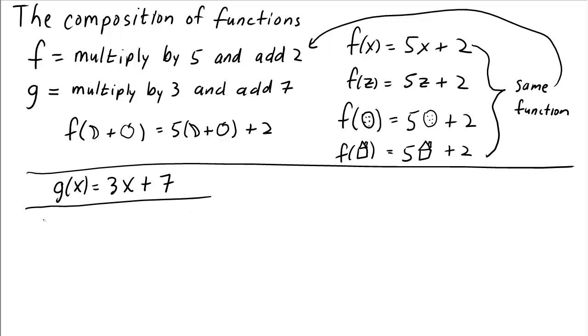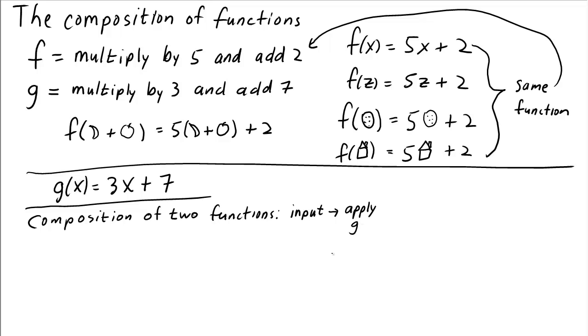A composition of two functions means you take your input, whether it be x or a potato or the number 3, apply your function. So let's say we apply g. In this case, that means we take the input, multiply it by 3, and add 7.